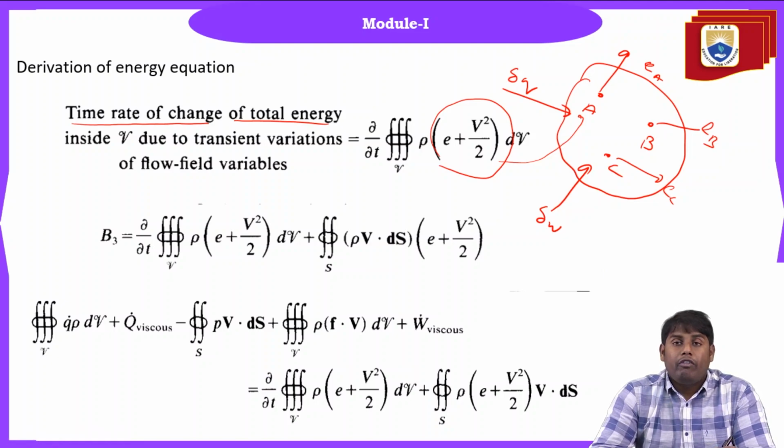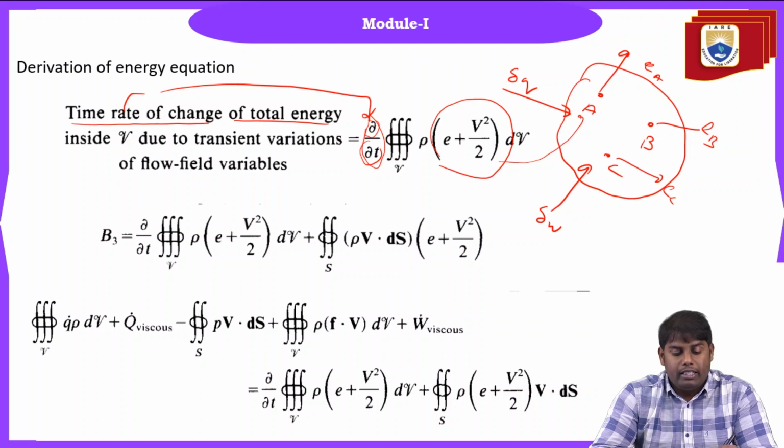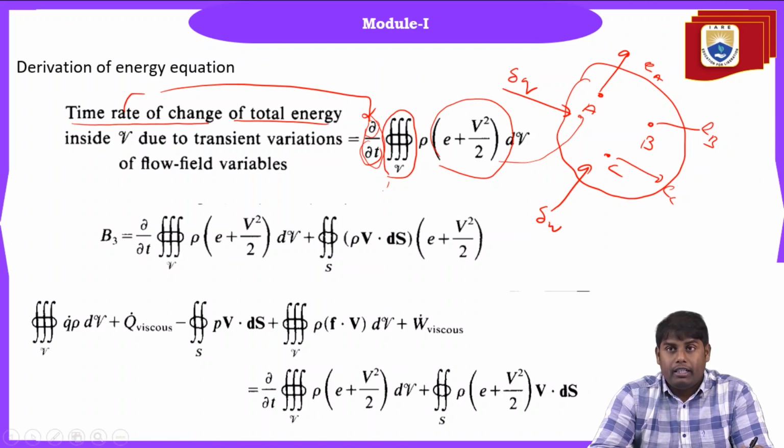When we want to track with respect to time, we apply dou by dou t, which is the time rate of change. Inside the volume it comes from the volume integral. The total energy is E plus V square by 2, so whatever total energy is inside the volume is tracked this way.